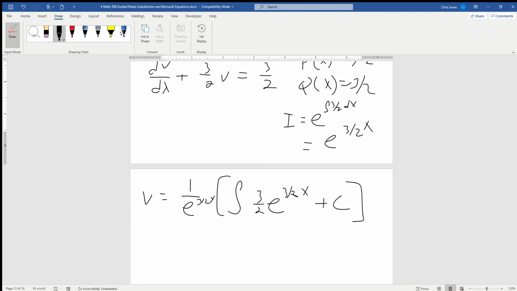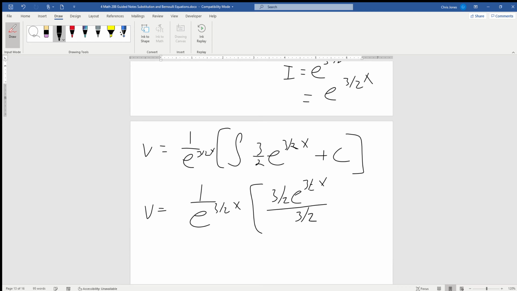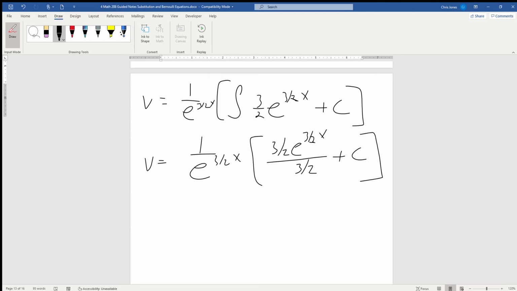Taking the antiderivative, because we have a linear in that exponent, we can use the reverse of the chain rule. So v is going to be 1 over e to the 3/2 x times 3/2 e to the 3/2 x divided by 3/2. So remember, reverse of the chain rule, we don't multiply, we divide, as long as the term is linear, plus c.